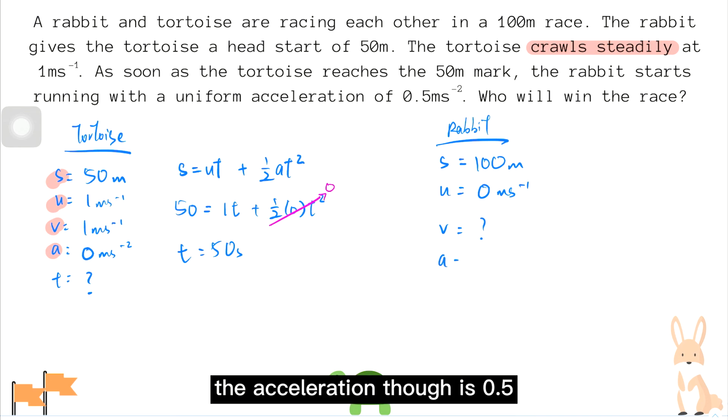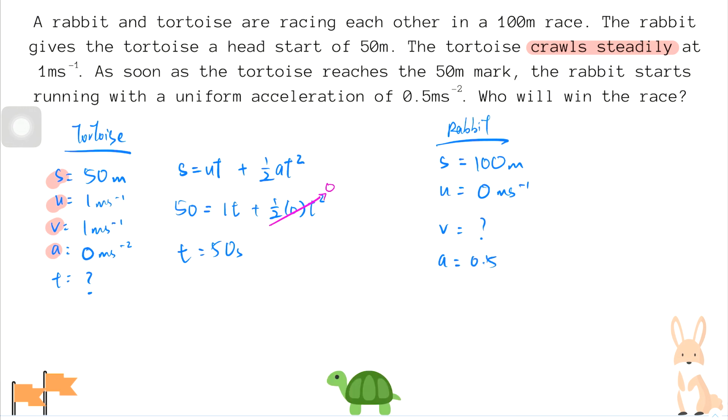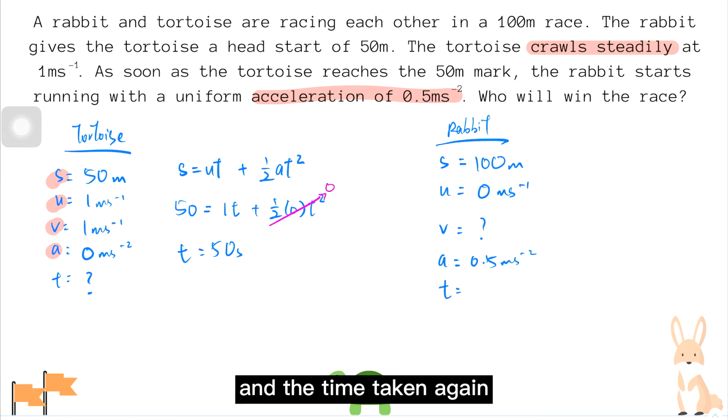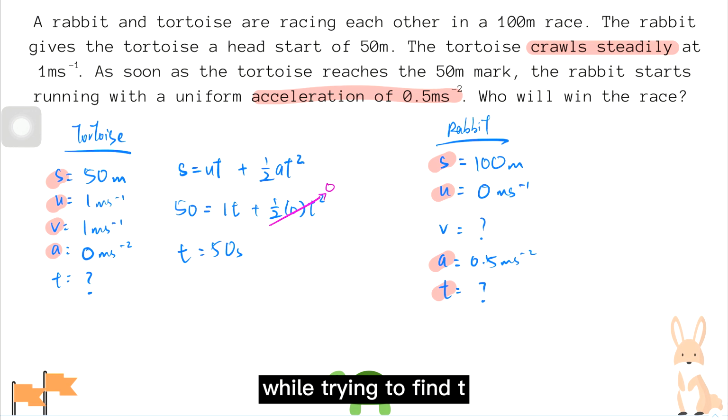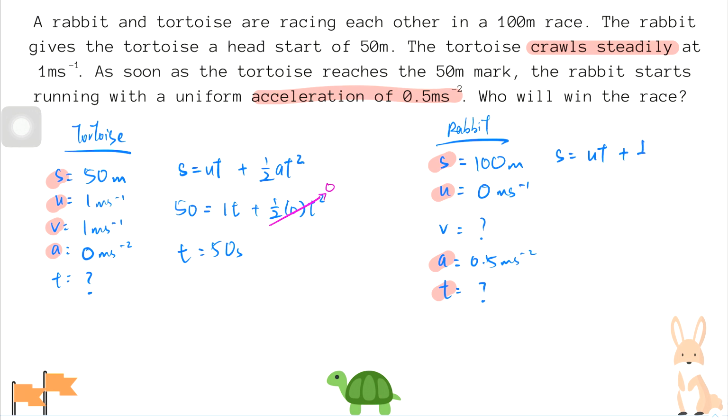The acceleration though is 0.5, as given by the question. And the time taken, again, that's what we're trying to find. So we have S, U, A while trying to find T. So our equation can be the same.